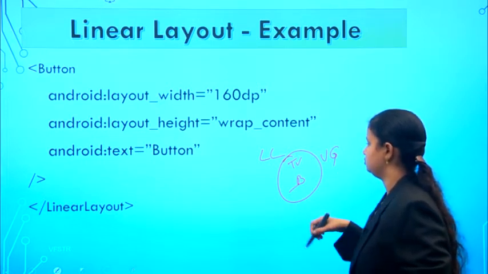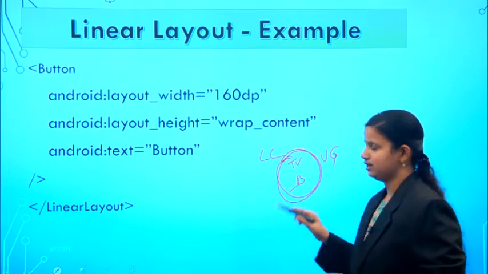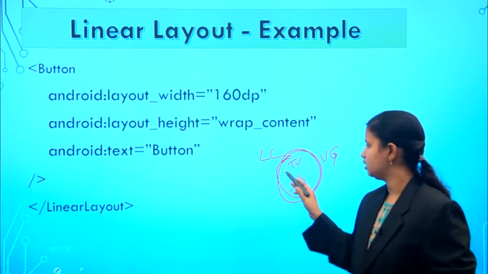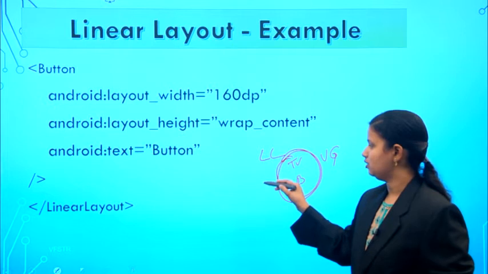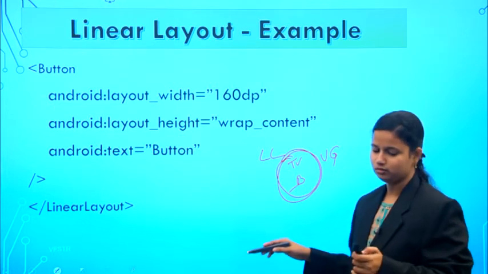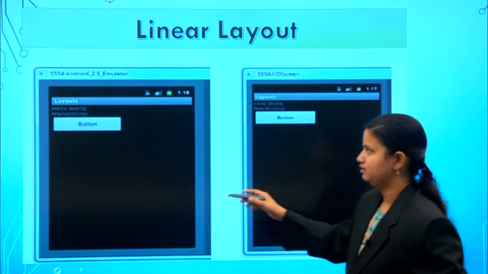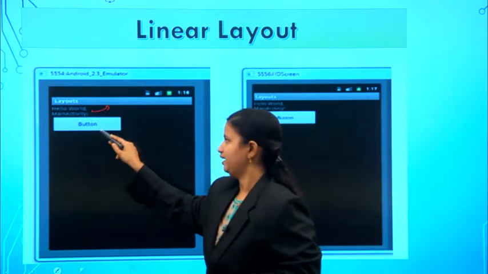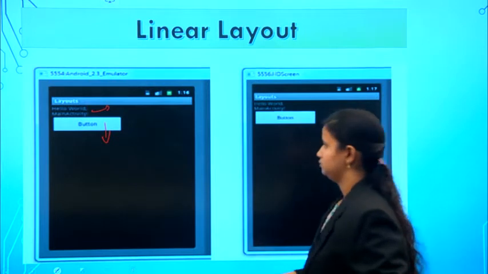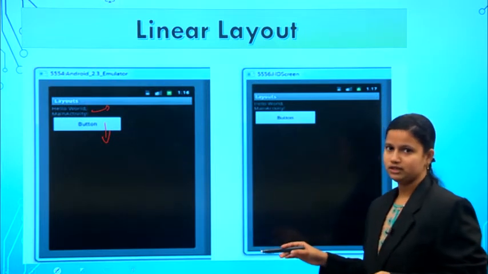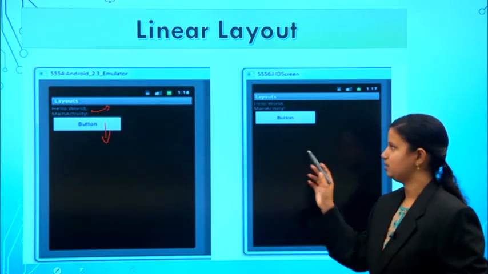So this is called a view group. The view group contains only two elements, but how these two elements are to be arranged, either horizontal or vertical. So the user interface is to be like this. It will display one text view and one button.